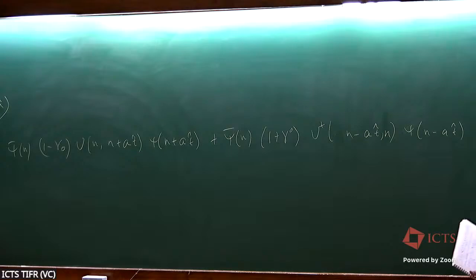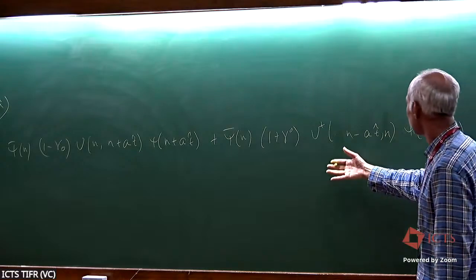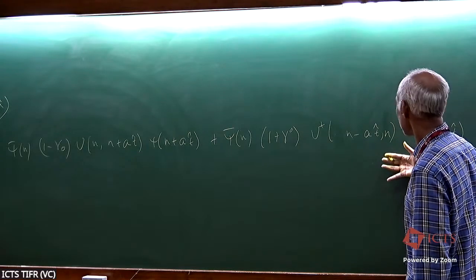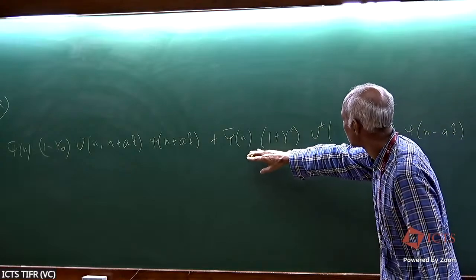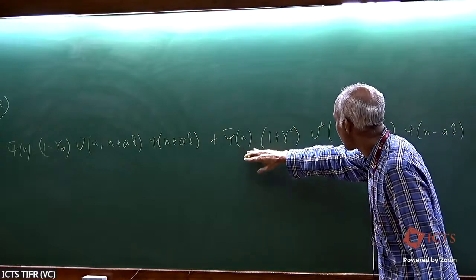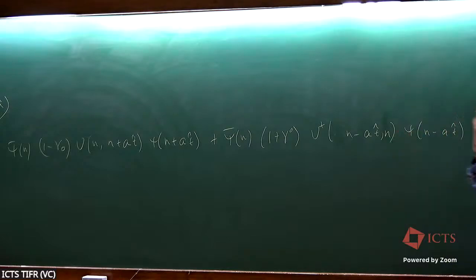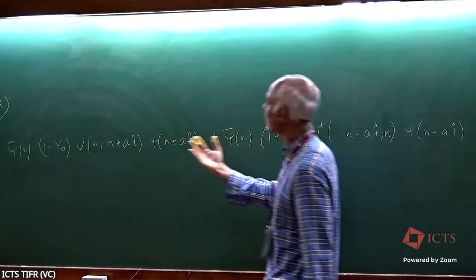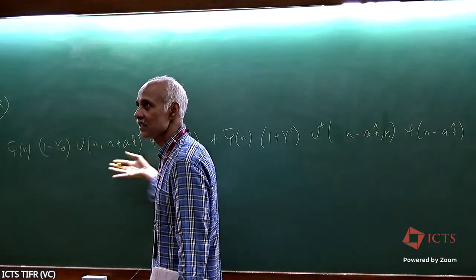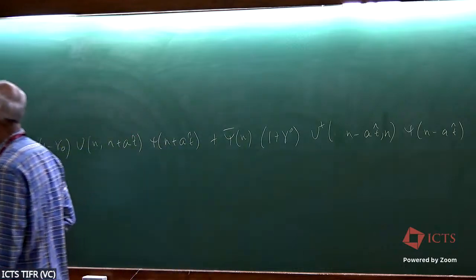Okay? And so you see the quark kinetic term is only connecting n to n minus a t. So that's kind of a backward derivative term, whereas the anti-quark term here is a forward derivative term.